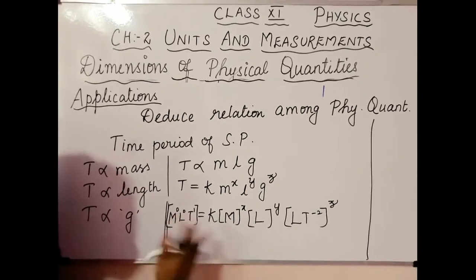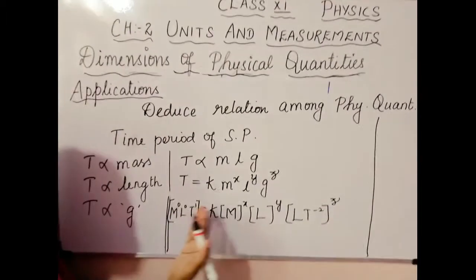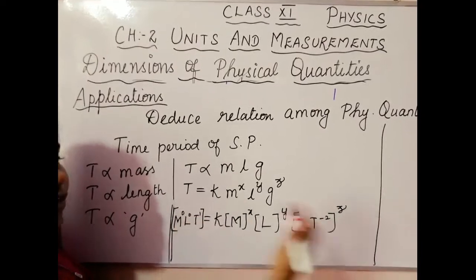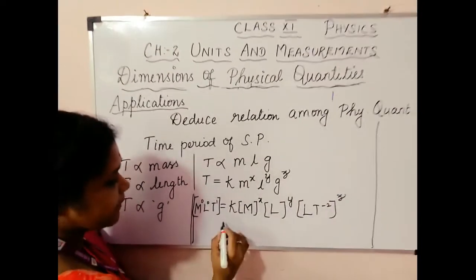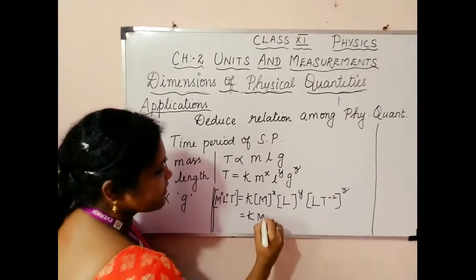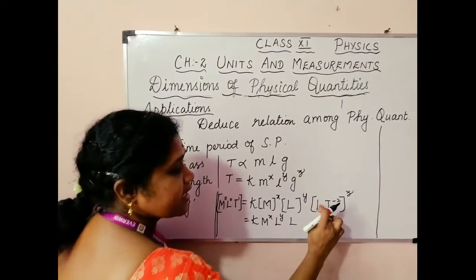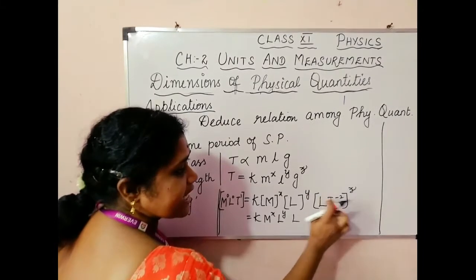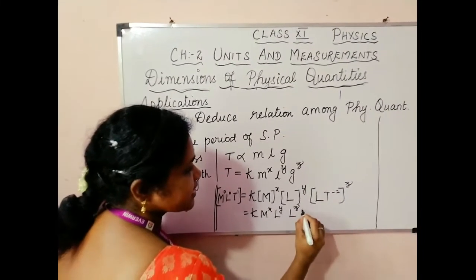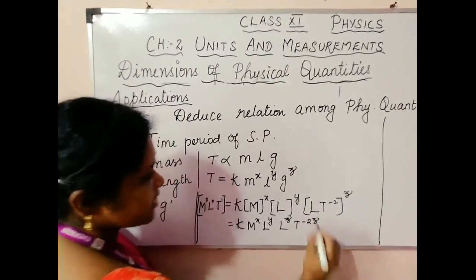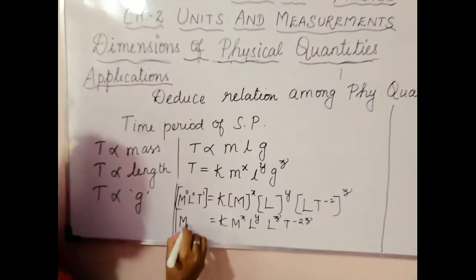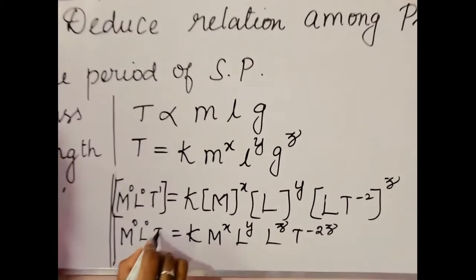Just we are comparing the powers, but before that just multiply this: K, M power x, L power y and L power z. Z is common for L and T, so L power z, T power minus 2z. And here M power 0, L power 0, T power 1.